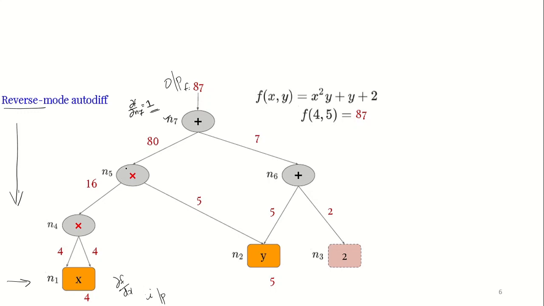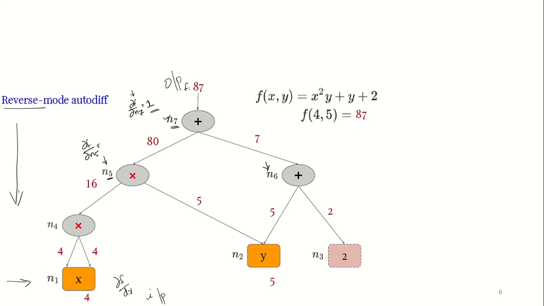And from this derivative, we have to calculate the derivative of n5 and n6. We are going to evaluate dou f by dou n5, the derivative with respect to n5 based on its parent's derivative. If we know the derivative of its parent, we can find the derivative of n5.